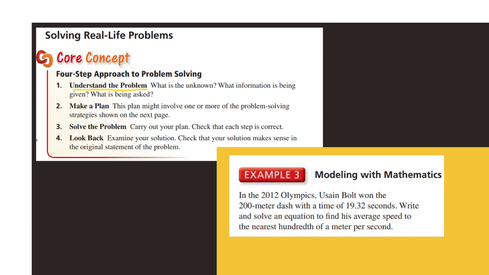So, for example, you can create equations or expressions to help you. 3, solve the problem. Carry out the plan and check that it's correct. And then 4, always look back just to check that the solution makes sense. Just like in real life problems, you always check back and double check just to make sure everything is correct.